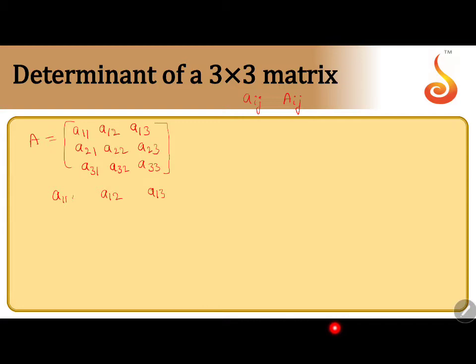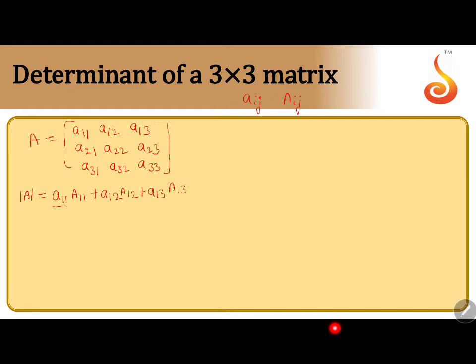So A11 cofactor is capital A11, A12 cofactor is capital A12, A13 cofactor is capital A13. Element and its cofactor is multiplied and their sum plus. So this is given by determinant of A, determinant of a 3 by 3 matrix.